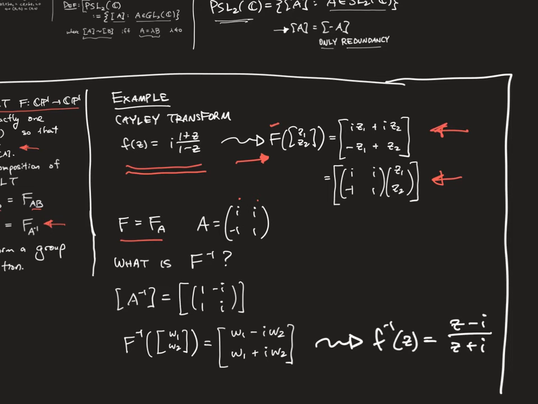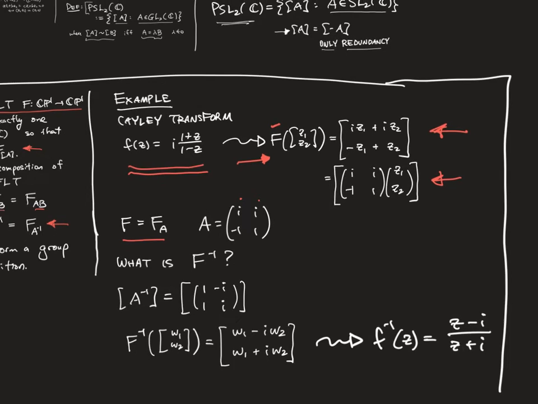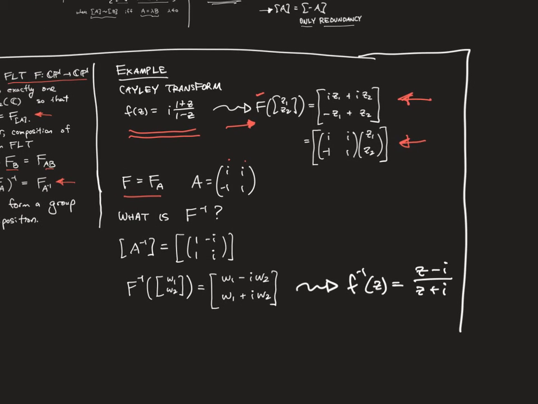And from this, we can compute the inverse of the Cayley transform. Well, I can do that by just finding A inverse. And it's even easier than finding A inverse, because if you use Cramer's rule or the formula for the inverse matrix, you have to divide by a determinant. But since this equivalence relation doesn't care about multiplying by a constant, you don't even have to do that.